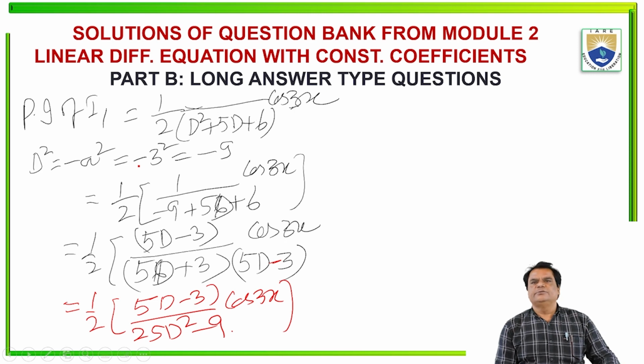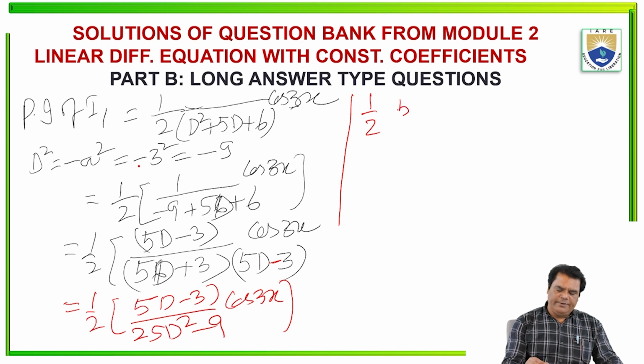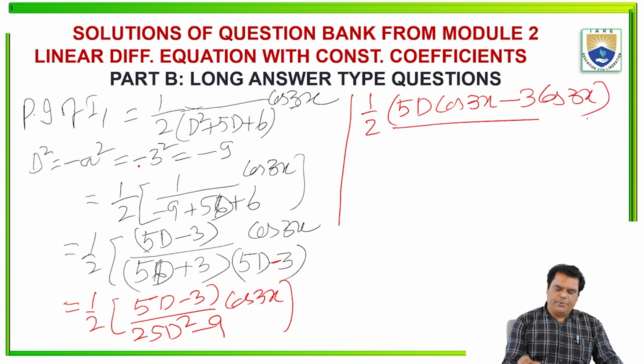Taking cos 3x inside the bracket, we get 1 upon 2 of (5D cos 3x minus 3 cos 3x) upon (25D square minus 9), putting D square equal to minus 9.